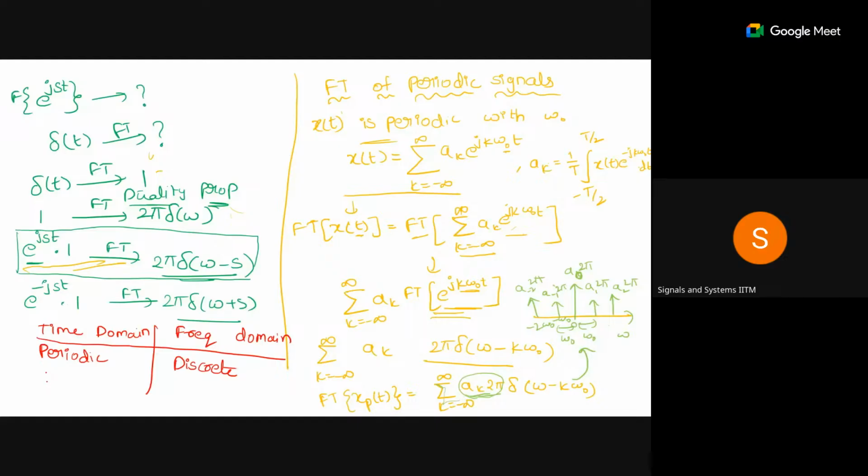If it is periodic in the frequency domain, then it will be discrete in the time domain. So it is periodic in the time domain, and here we are having discrete. If we have a discrete signal, it will be periodic, due to the duality property.